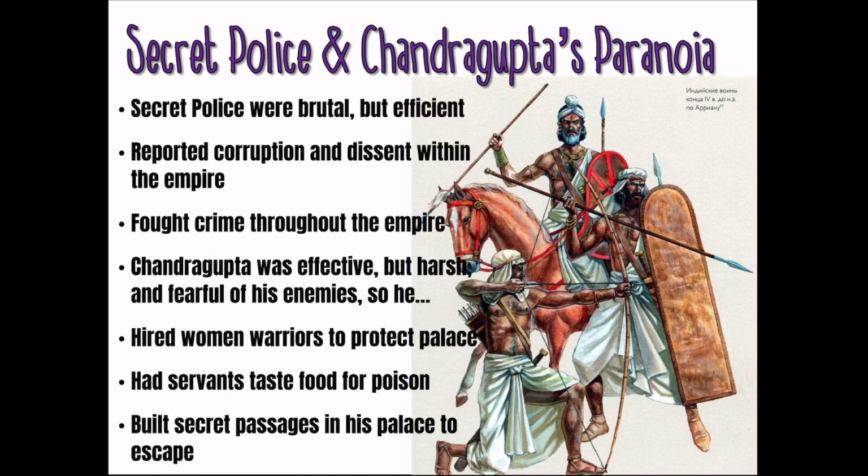So when we look at Chandragupta, interestingly, as he got older, he actually became more religious, and he became a follower of a branch of Buddhism called Jainism. And in this system of religion, they aim for enlightenment, much like Buddhists.